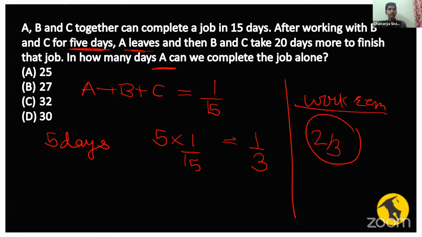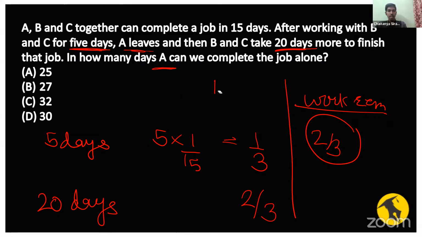And now they say B and C take 20 more days to complete that job. Okay. So how can I find the efficiency here? If you recall, I'll erase this. What was efficiency? Efficiency was work per day.